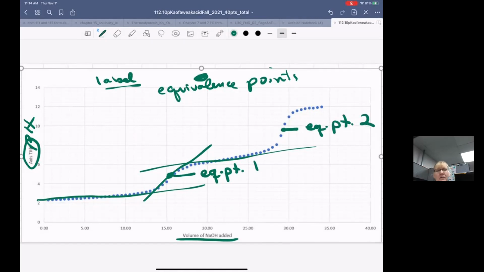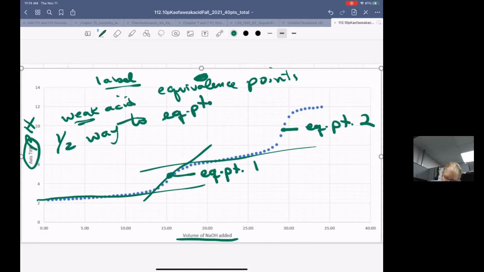Once you've gotten your equivalence points, we can get halfway. We know that any time that we have a weak acid and we add a strong base to it, when we get halfway to the equivalence point, we are in a buffering region, specifically so that pH is equal to pKa.